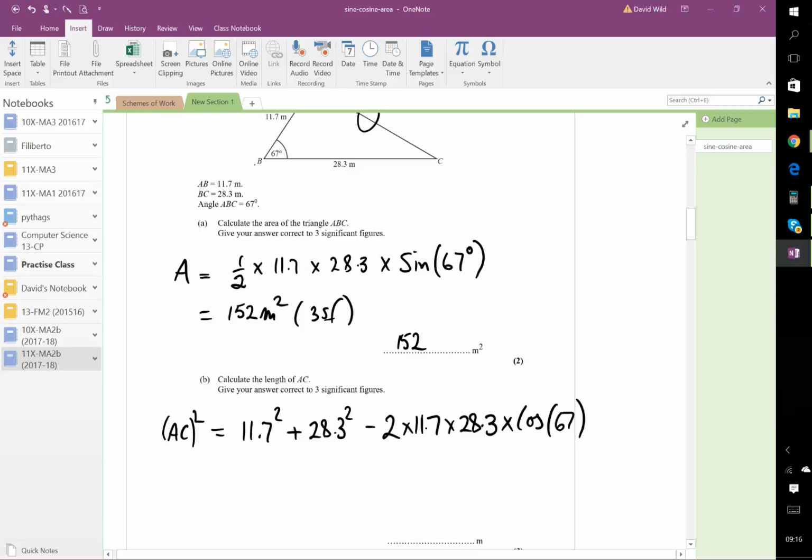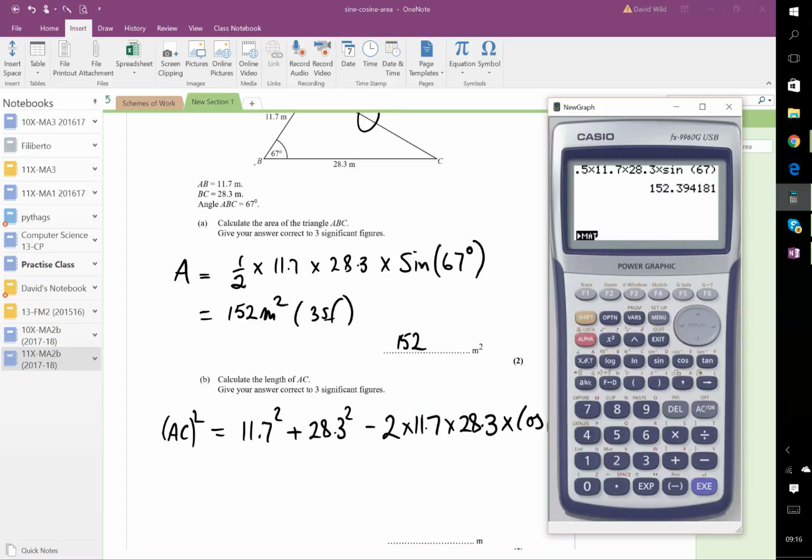So we need to put that into the calculator now, so let's do that. So we've got 11.7 squared plus 28.3 squared minus 2 times 11.7 times 28.3 times the cosine of 67 degrees. 679.03.